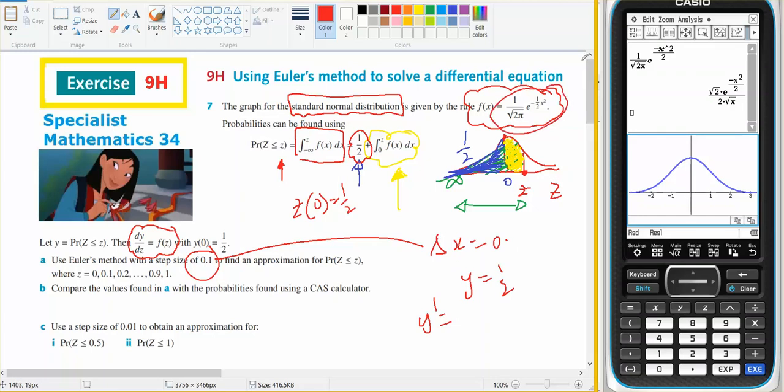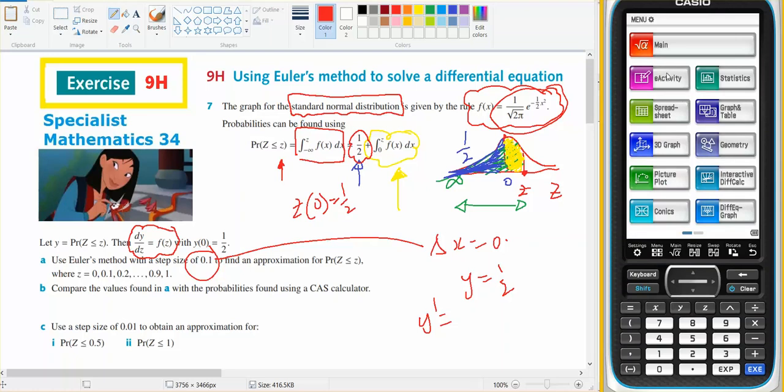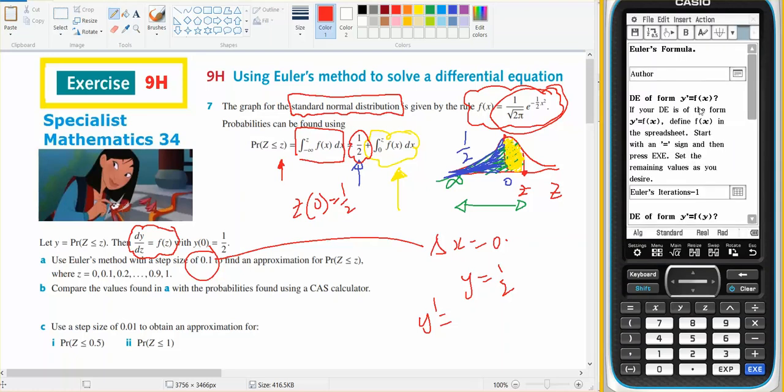So I'm going to go over and have a little look in Menu, eActivities. Euler's formula is opened up.